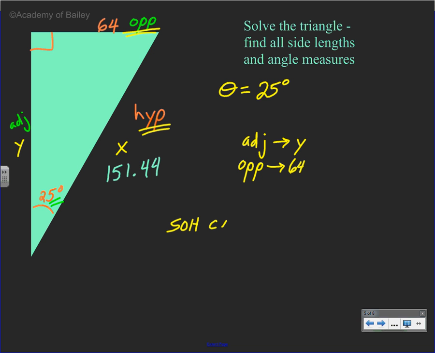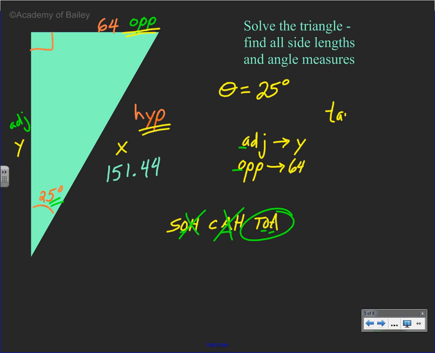So, soh cah toa. Soh has an O, but it doesn't have an A. Cah has an A, but it doesn't have an O. Toa has an O and an A. So it's going to be toa, which is tangent.